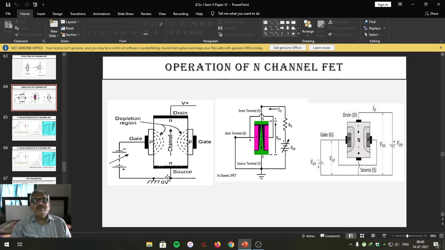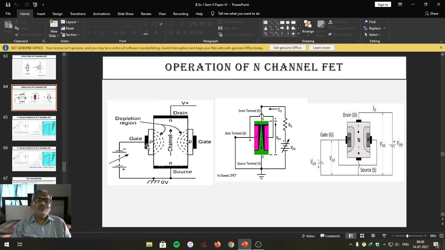Always remember that if the FET is N channel, then the gate terminal is P type, because both P regions doped at the center to the left and right side are termed the gate. So the channel is N type, whereas the gate is P type.